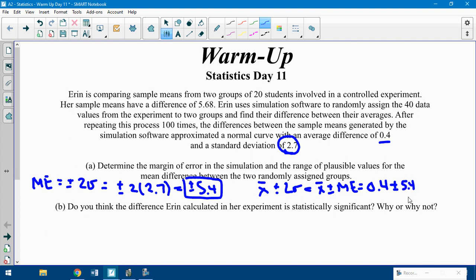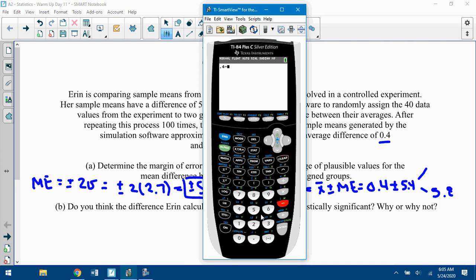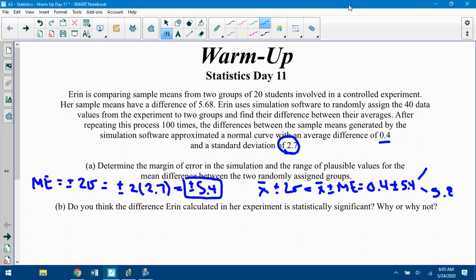Okay, so 0.4 plus 5.4 is going to be 5.8. 0.4 minus 5.4, I think it's going to be negative 5, but let's double check. Yep. So the range of plausible values is anywhere between negative 5 and 5.8, a pretty big range.